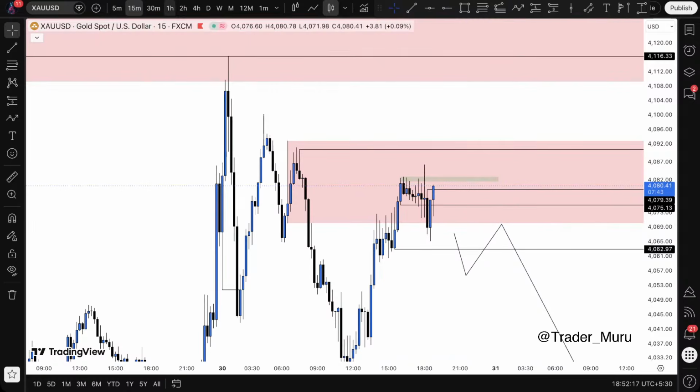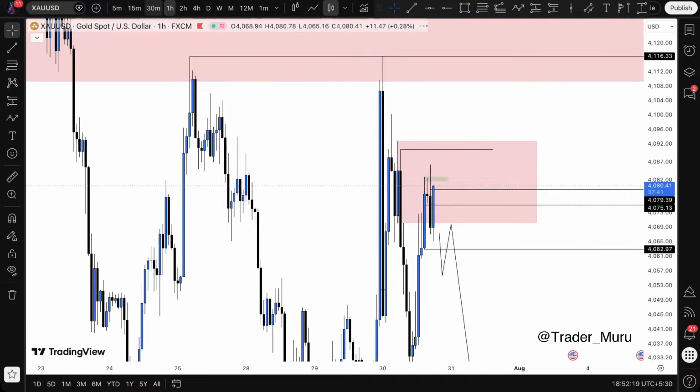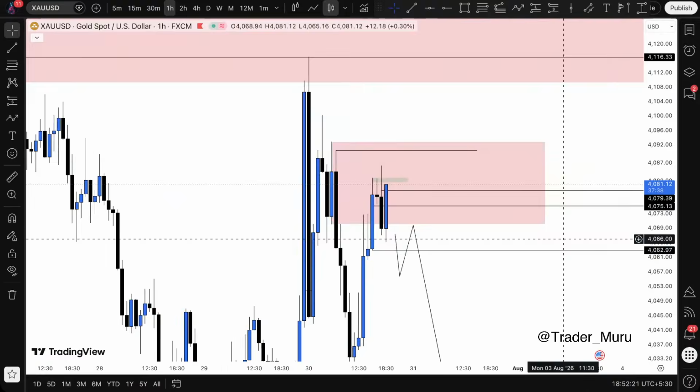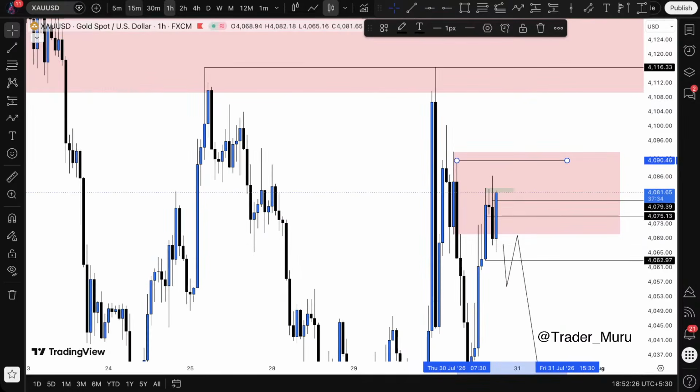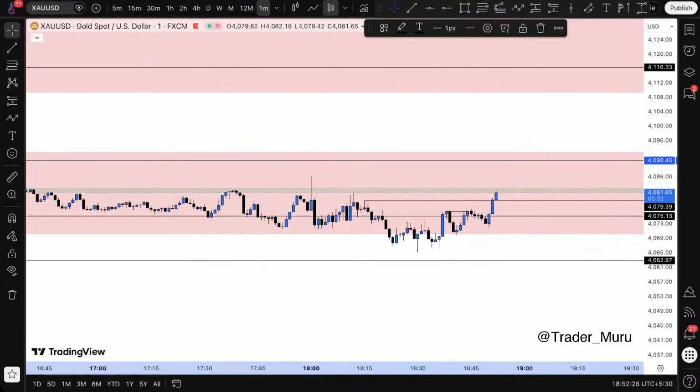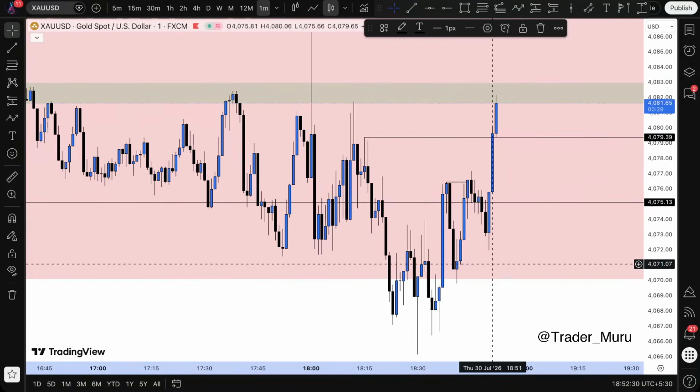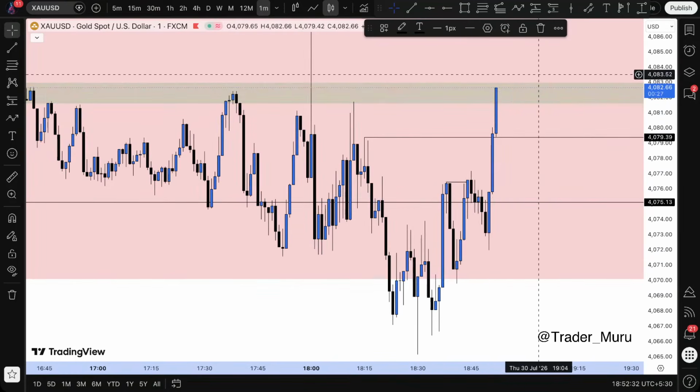No, price not looking good. It needs sweep. It needs sweep. No break of low. Back up.